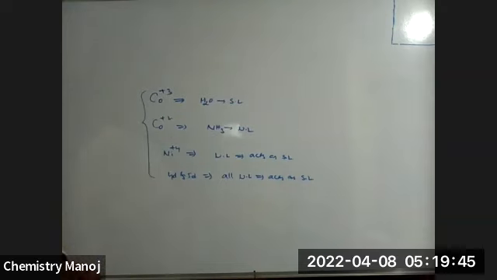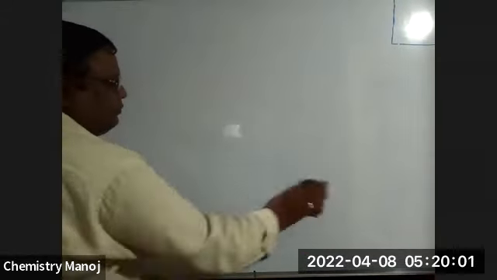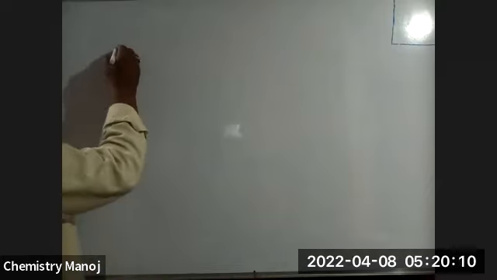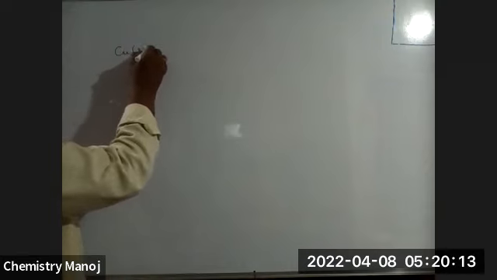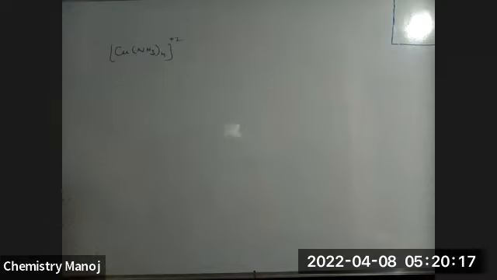Okay, now please keep in mind, a number of times a type of question is asked in your objective, in mains and advanced levels. Let us observe some examples. [Cu(NH3)4]2+, my dear.